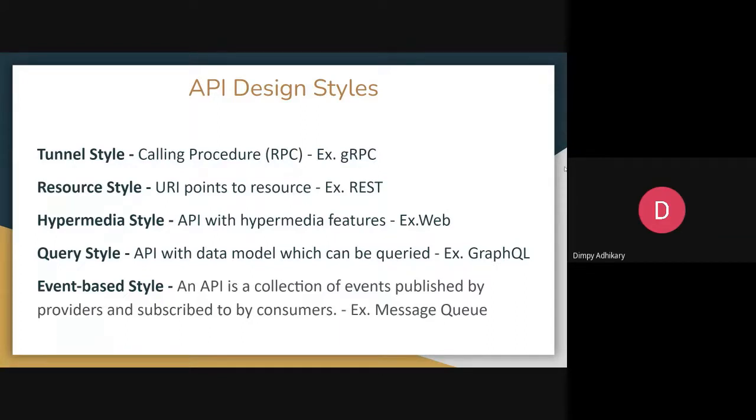Remote procedure call is actually not new. It's a very old style of design. CORBA and others have this, and even in recent times, Google gRPC has remote procedure call. So what exactly is tunnel style all about?